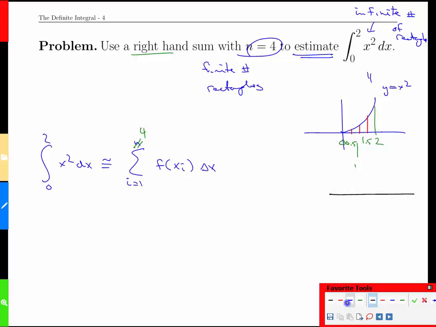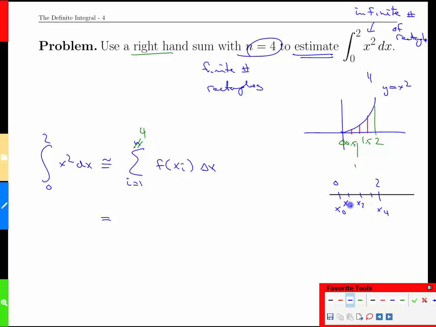How does that notation work again? We start off with x0, we end at 2 with x4, and then it's 1, 2, 3, x1, x2, x3, x4. When we convert that to more traditional sum notation, just because we want to find the values, we would use the 0.5, 1, 1.5, and 2.